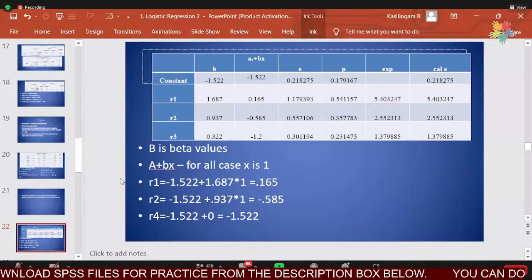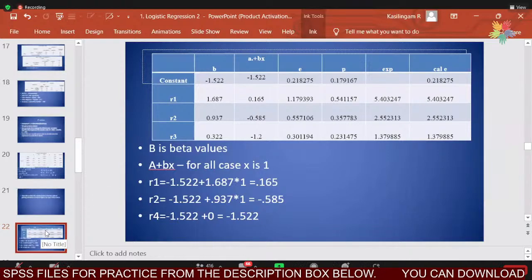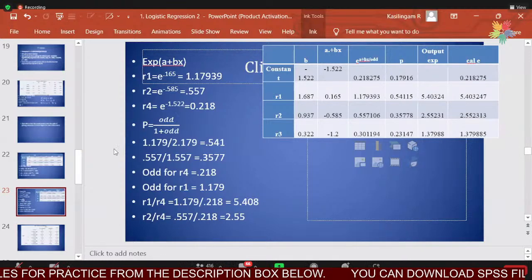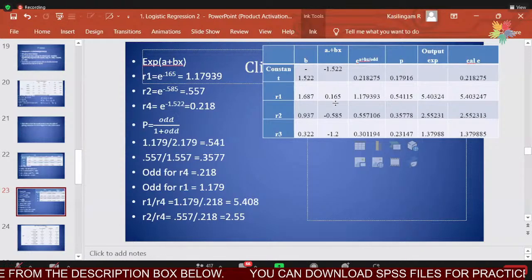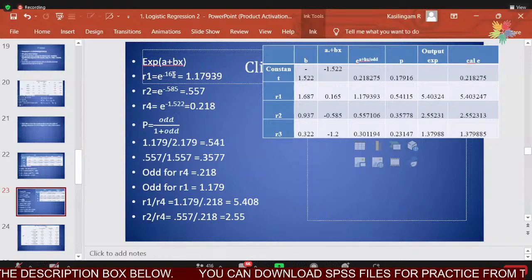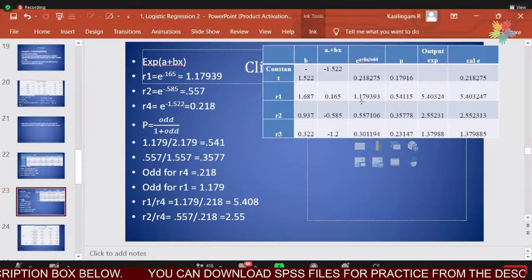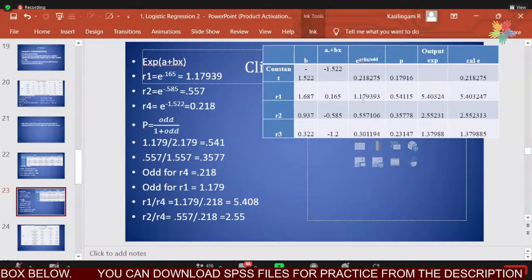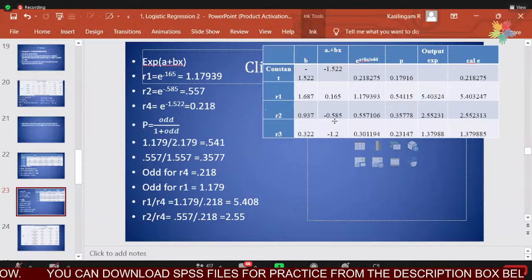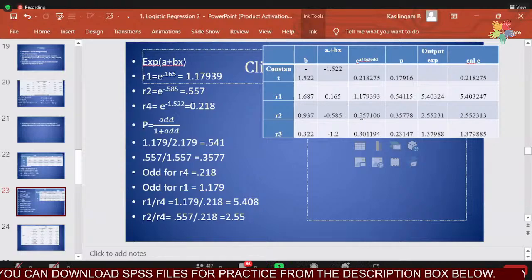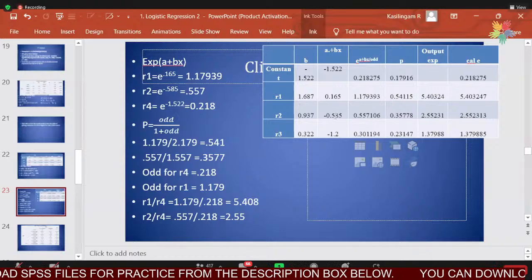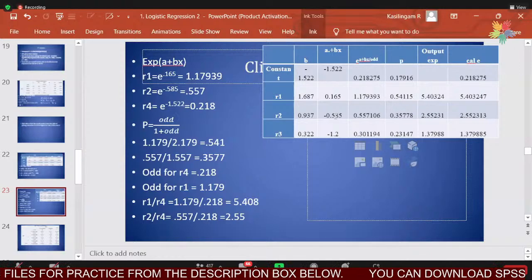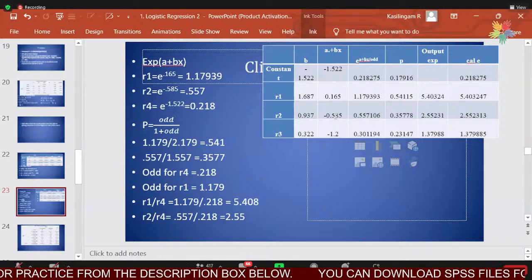I explained that in the next one. So R1 is 0.165, e to the power 0.165 is 1.1793. R2 is e to the power 0.5 minus point something. When it is minus, this will be less than 1, right? One over, right?